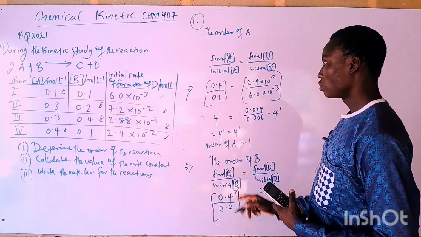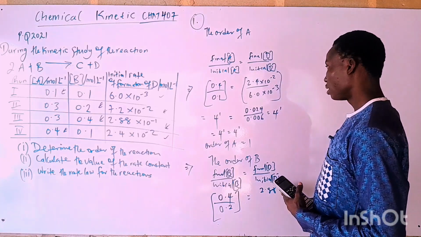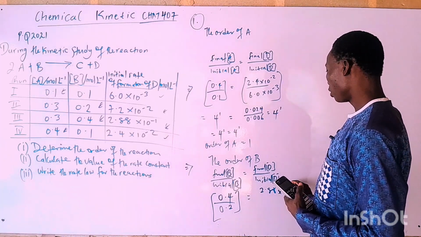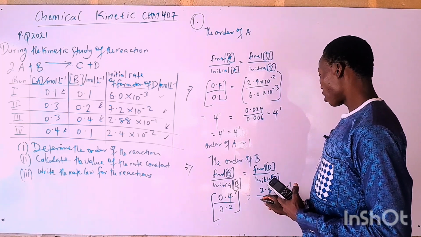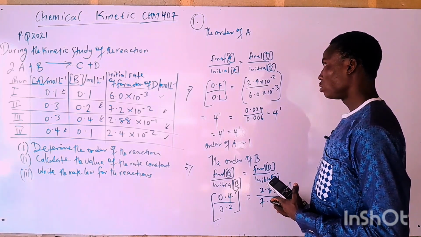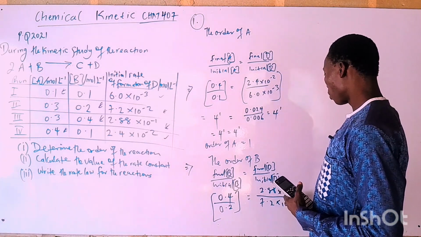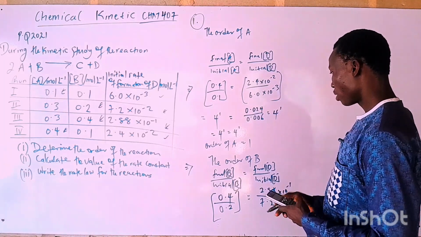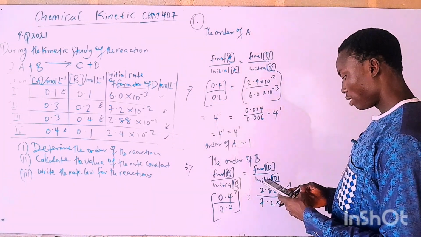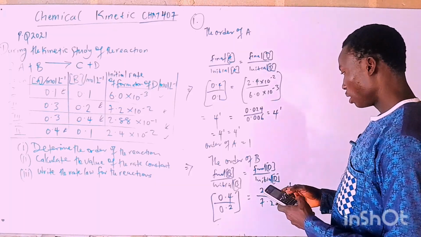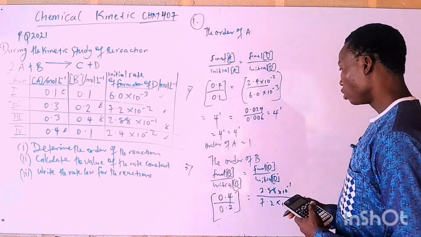Then we are going to have 2.88 times 10 raised to power minus 1 divided by 7.2 times 10 raised to power minus 2. Okay, so from what we have here, 0.4 divided by 0.2 is expected to give you 2.